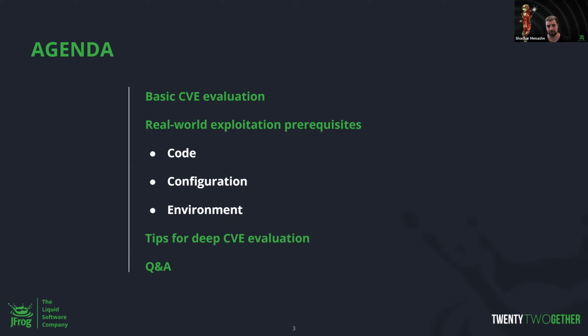So first we'll define the basic way to evaluate CVEs, the way that almost all software composition analysis tools use. Then we're going to dive into what these tools, and even manual researchers, are not looking at, and what you should be looking at when you're evaluating CVEs.